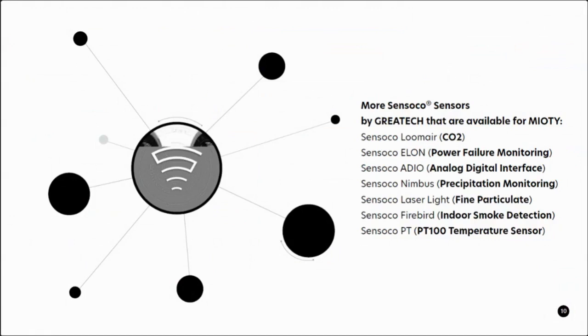We have the Sensoko ADIO, which stands for analog digital interface, for a wide range of cable sensors. The Nimbus for precipitation monitoring, laser light for fine particulate, also very high quality, Firebird for indoor smoke detection, and the PT100 series. Next slide, please.